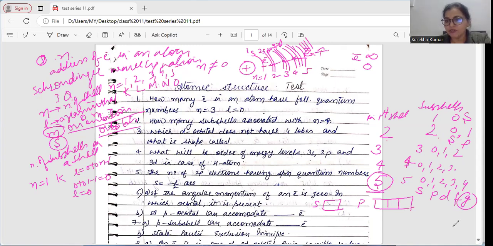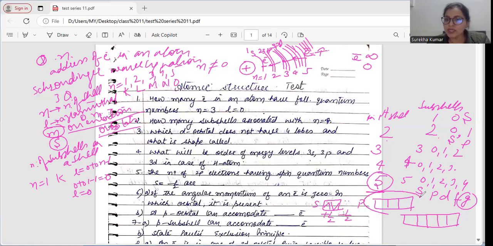In D, five orbitals are there. 1, 2, 3, 4, and 5. S is the subshell. This box is an orbital or orientation. In each box or orbital, two electrons are accommodated. One electron has plus half spin quantum number. Another electron is having minus half spin quantum number.